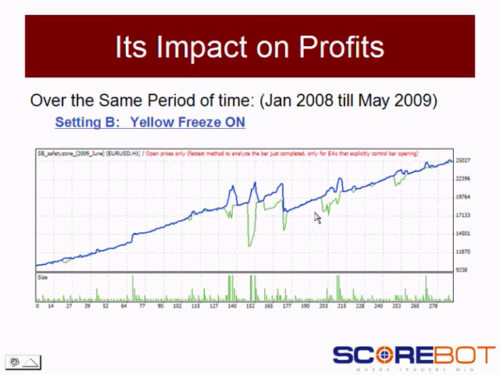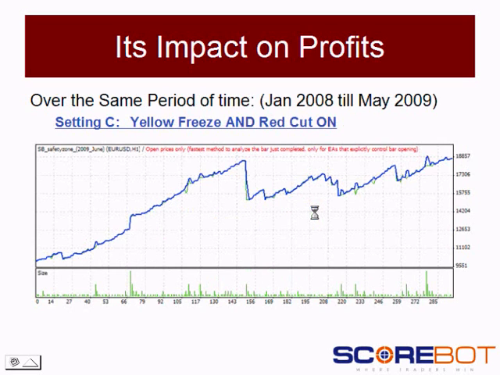Let's take a look at what will happen if we turn on both yellow and red. And this is how the red looks like. Yellow freeze and red close on.